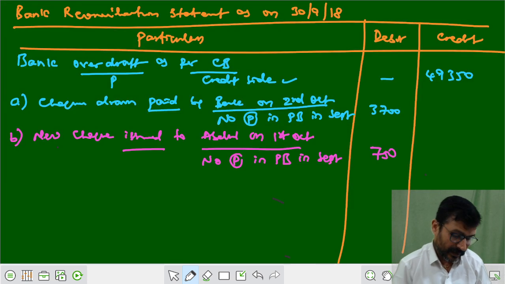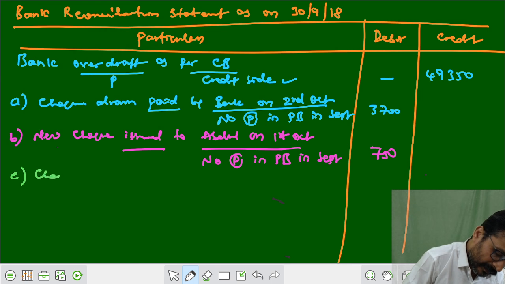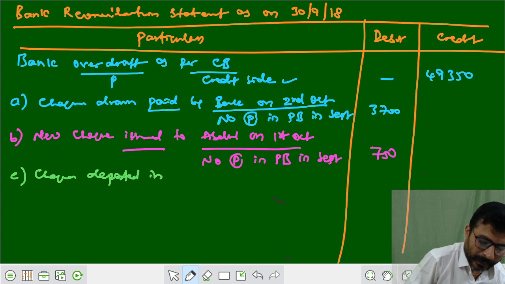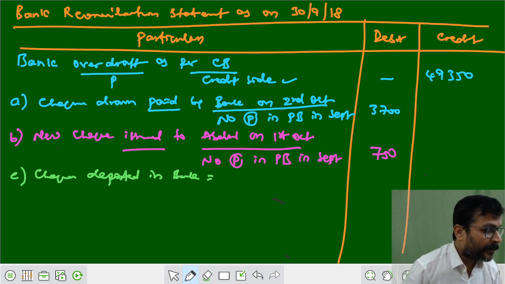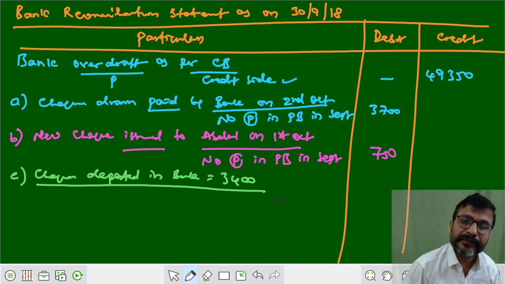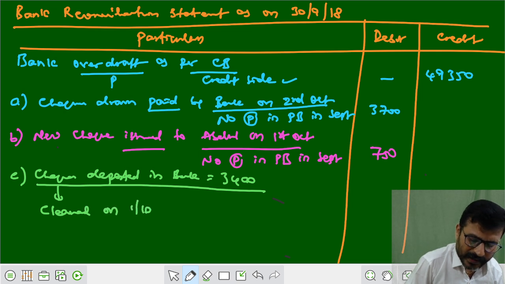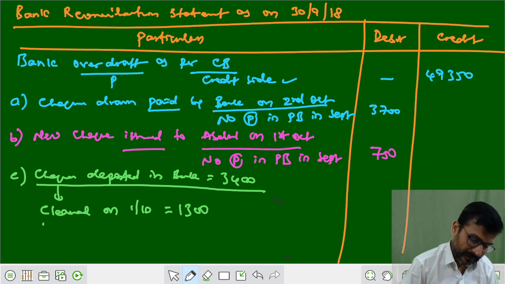So let us write. What is the point number? C, right? Checks deposited in bank. How much checks are deposited in bank? It is of rupees 3,400. In that, what happened? Cleared on 1st October. How much cleared on 1st October? 1,300.